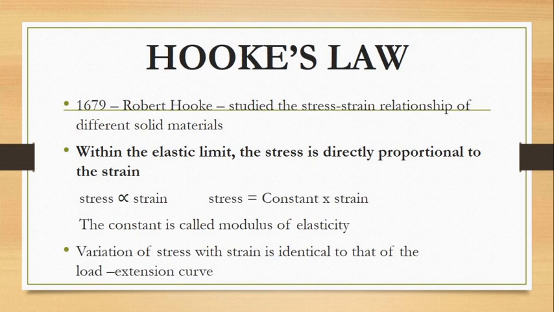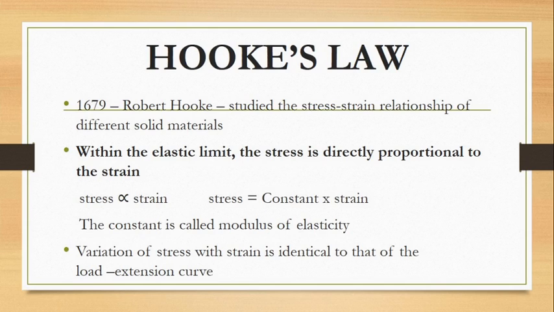That is below a limit which is known as the elastic limit. So up to the elastic limit we know that the stress is directly proportional to strain, and that is Hooke's law. So within the elastic limit, the stress is directly proportional to the strain.